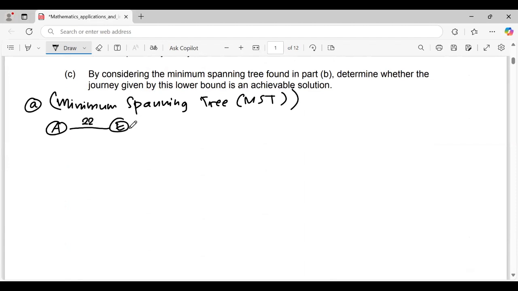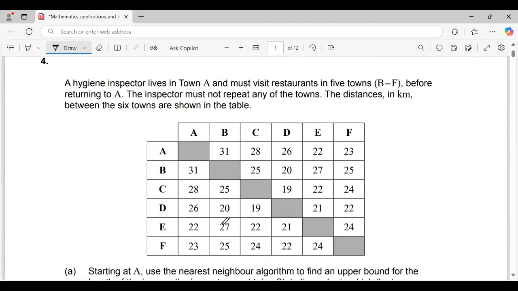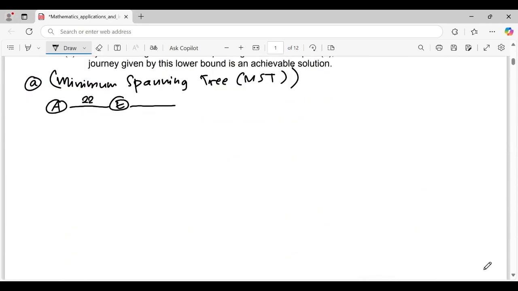22 kilometers. And the nearest town to E is D, 21 kilometers. Okay, so this is D, 21 kilometers.